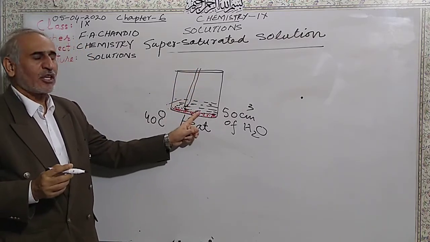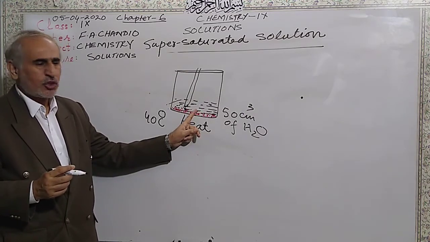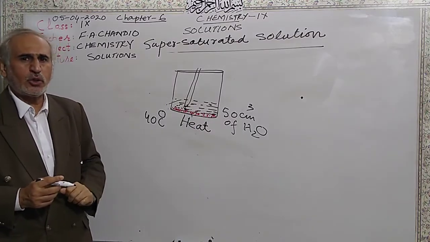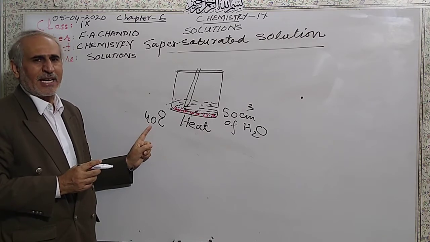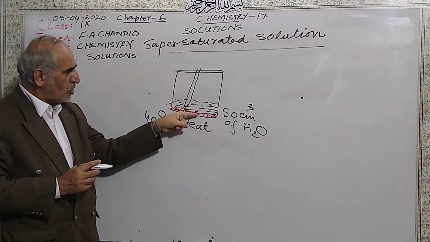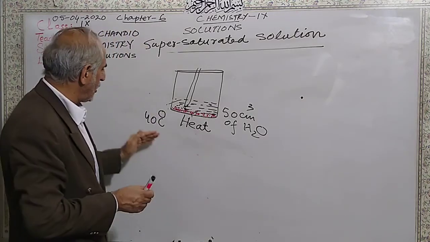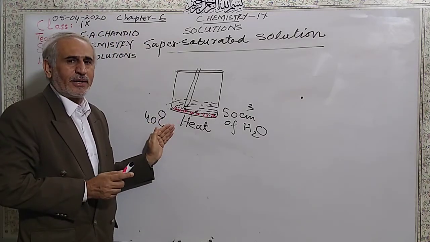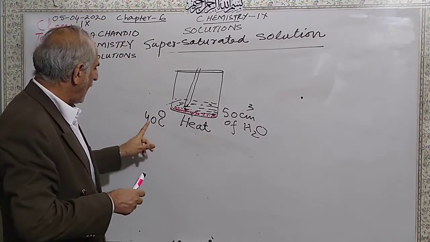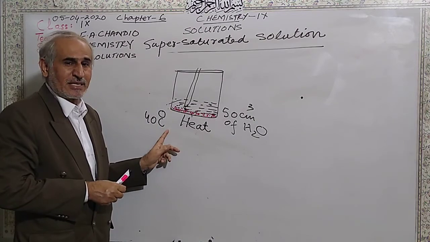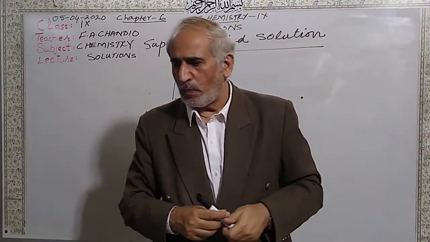So using a thermometer, heat the saturated solution and add more solute. When the temperature reaches 40 degrees Celsius and more solute dissolves in the solvent, this is called a supersaturated solution at 40 degrees Celsius. I think it's clear for you.